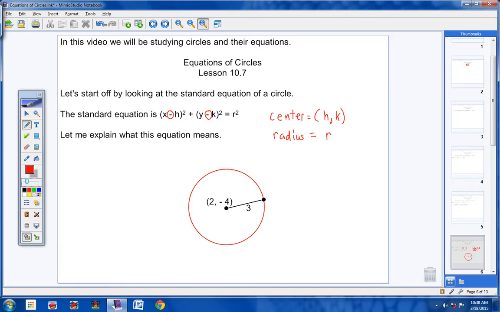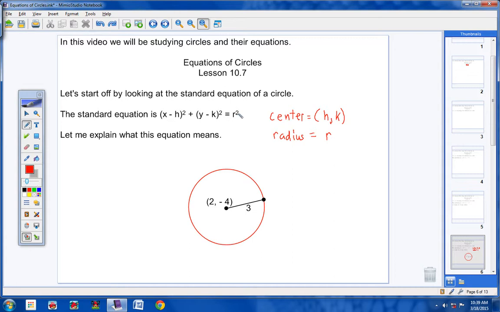But right now, all I want you to write down is that when you're given an equation like this, the center of the circle is always going to be h, k. So these numbers here are going to influence the center of the circle. Got it? Your radius is always r. So see this letter r right here. If you have a power of 2 right here, and you're like, well, Mr. Earhart, what if you don't have a power of 2? We'll get to that later, okay?